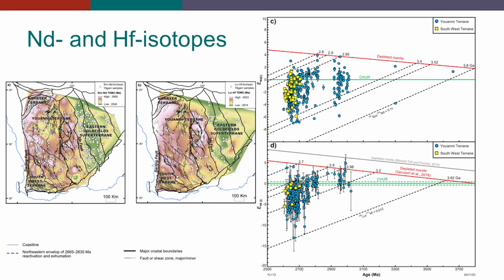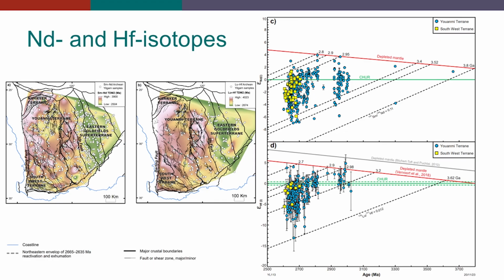On the maps, we can see that there are some old basement components that should be present in the southwest terrane. And if we look at this epsilon neodymium plot versus age, and the epsilon hafnium says the same thing, we just have a bit less data in the southwest terrane, but basically they say the same thing, so we only talk about the one at the top.